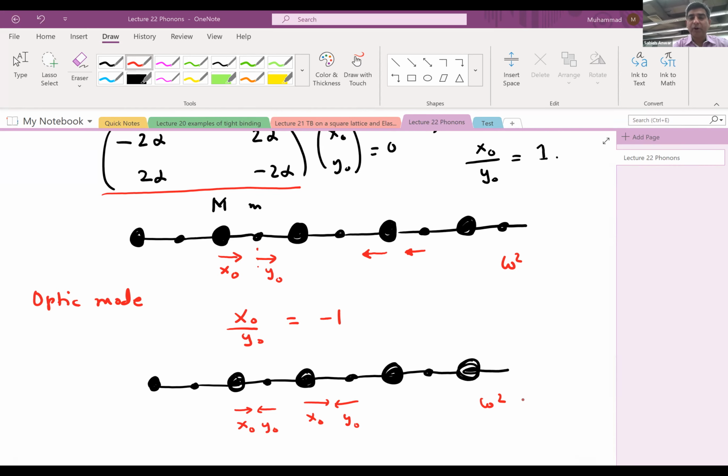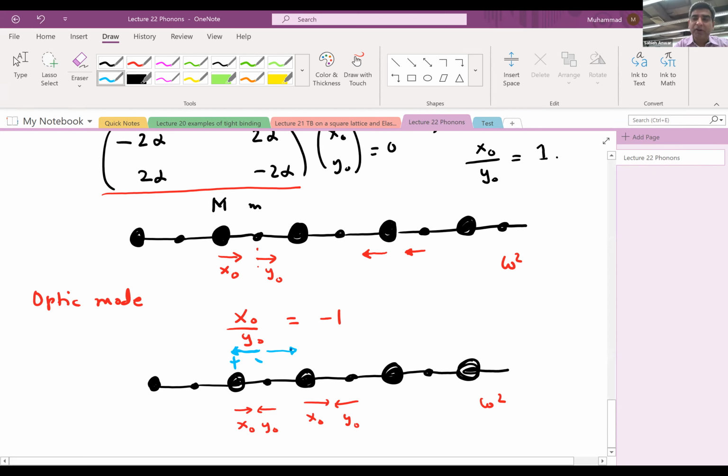And why is this called an optical mode? It's called an optical mode because if these masses were ions, so we had an ionic bond, so one of the masses were positively charged, the other mass were negatively charged, then we would really have what is called an electric dipole. Now, the optical mode would mean that the electric dipole is oscillating from left to right, left to right, left to right.